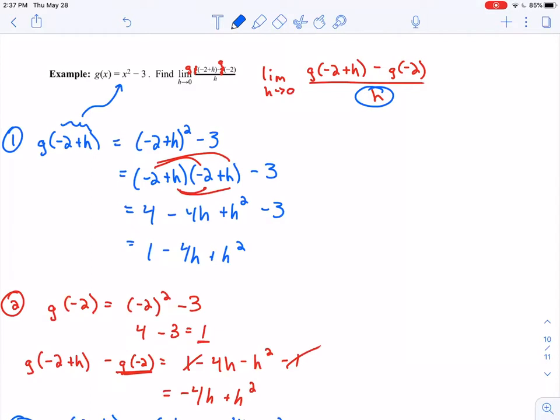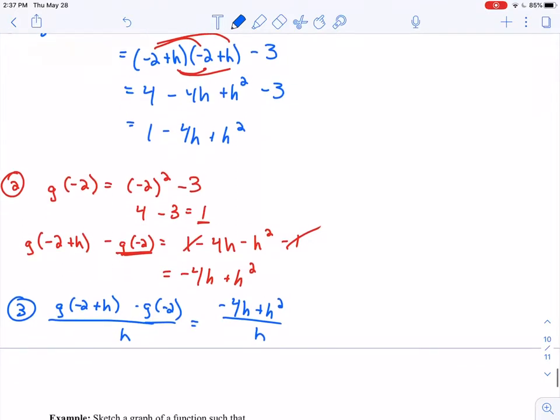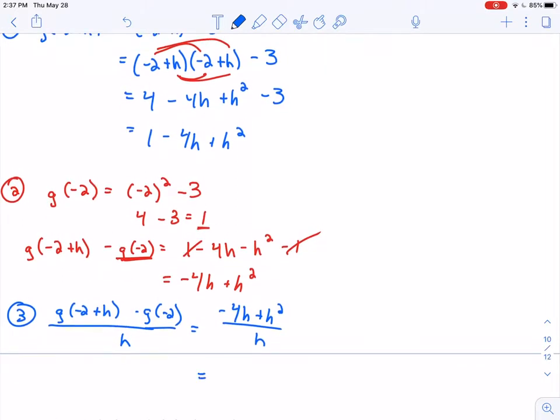Most of the time we can use something simple like factoring. In very few cases we will have to turn to other methods, but in this case it works out pretty nicely. I can factor out an h from my numerator. So h times negative 4 plus h, all over h. These two cancel, and I'm left with negative 4 plus h.